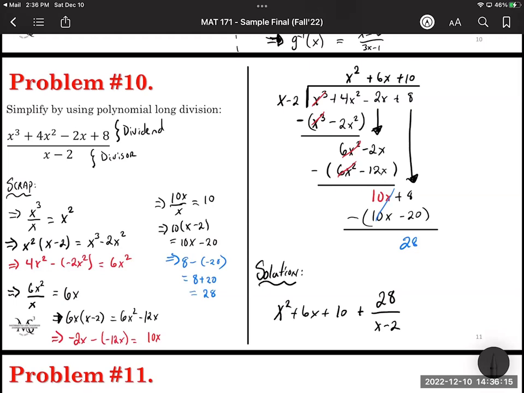You usually write out your solution as the quotient plus the remainder r over the divisor. The remainder here was the 28.